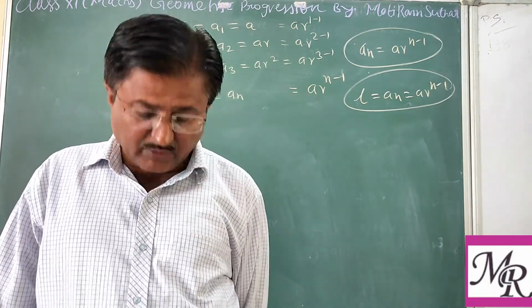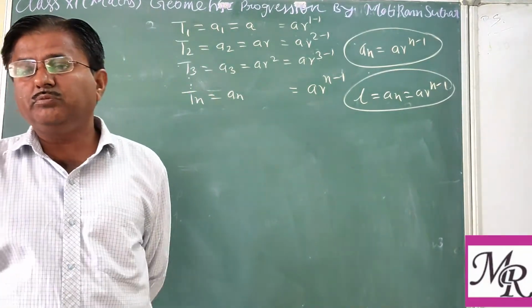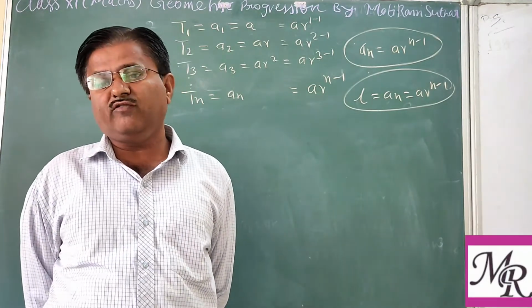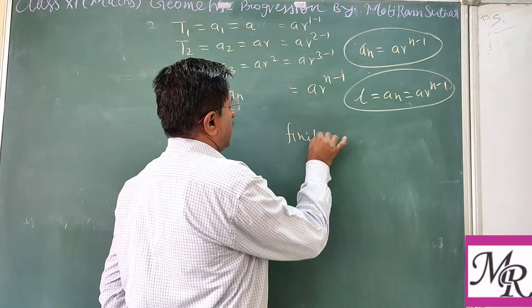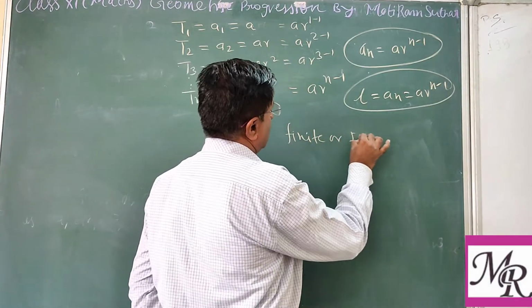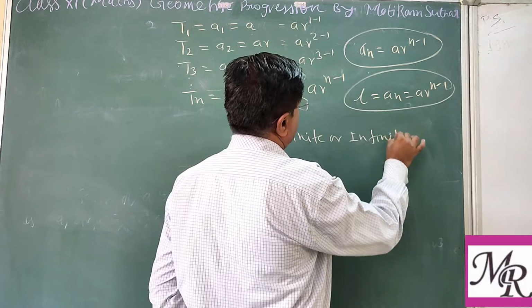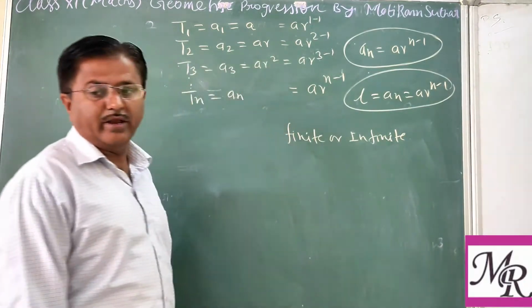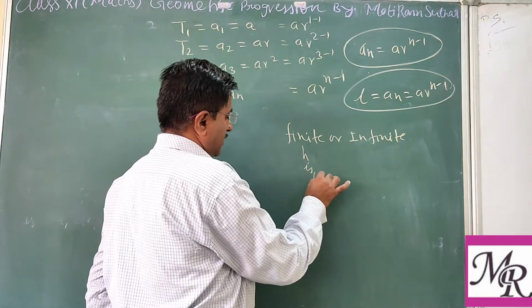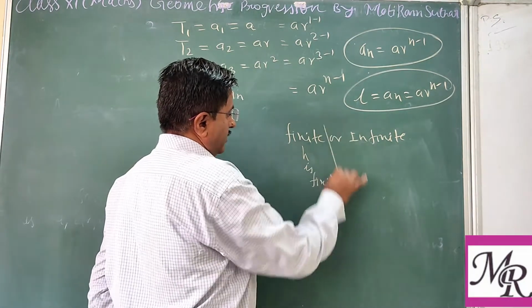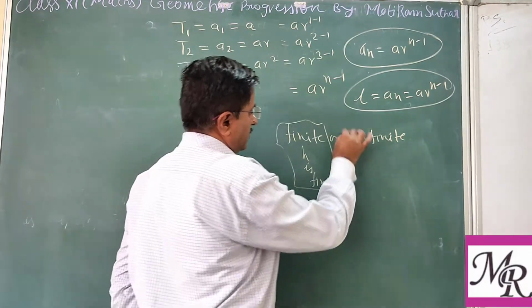Clear? Similarly we can say a GP may be finite or infinite. The GP is finite or infinite depending upon the number of terms. If n is finite, then it is a finite GP.